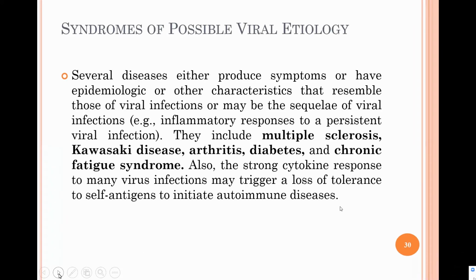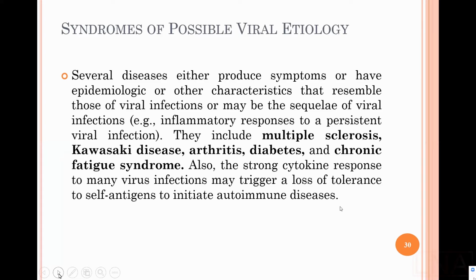So, several diseases either produce symptoms or have epidemiologic or other characteristics that resemble those of viral infections, or may be the sequel of viral infections, inflammatory responses, or a persistent viral infection.